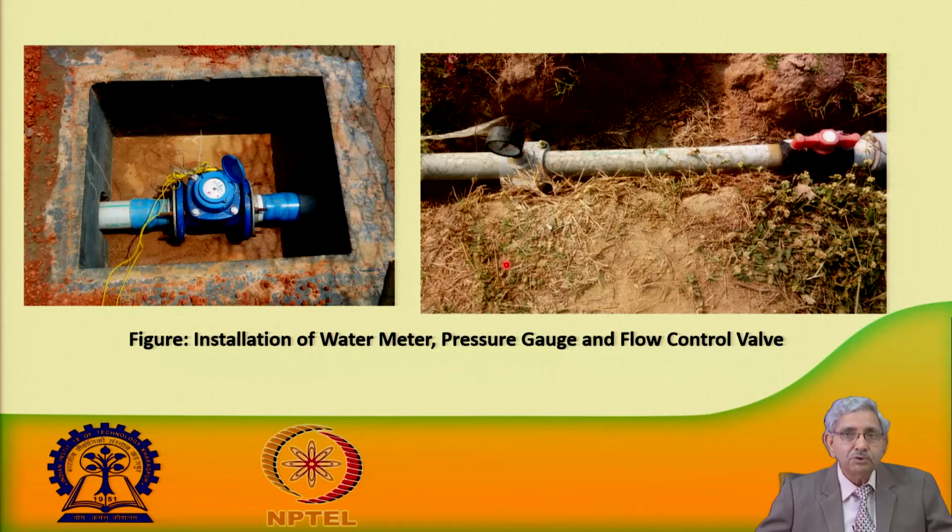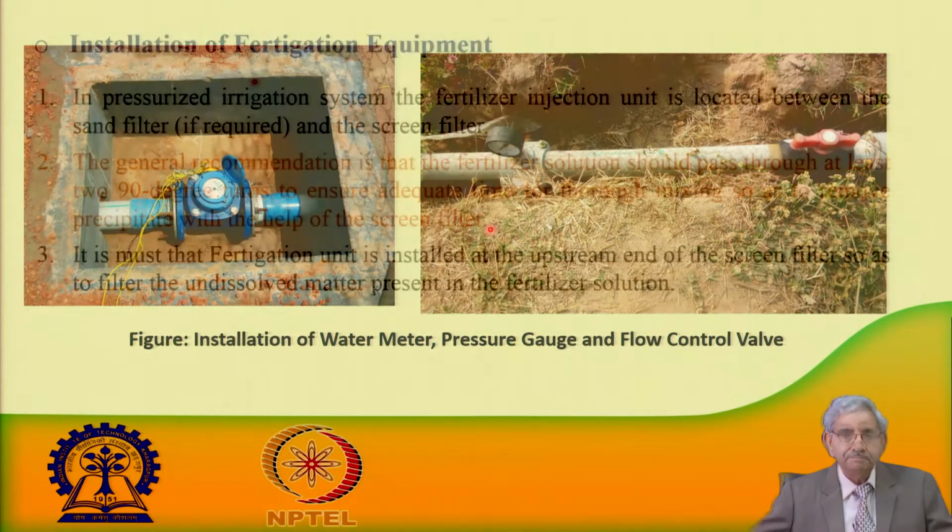Before it goes to the main pipeline, a water meter is connected and we are able to monitor how much water is passing through. So, one can know the volume of water, and at the same time the rate of flow in a given time can be calculated. Then it goes to the main pipeline, and from the main pipeline, sub main and other units are connected.